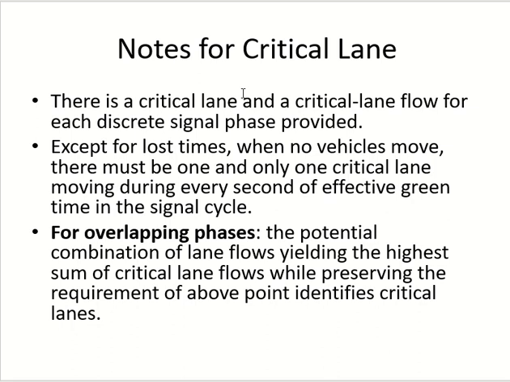If you do 2 straights, 600 plus 500, total 1100. If you do 2 left, you have 500 and 300, total 800. Which one is serving more volume? 2 straight, right? With 1100. So which overlapping is more beneficial?